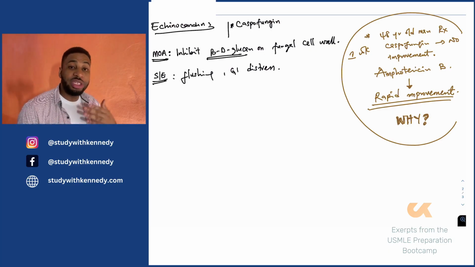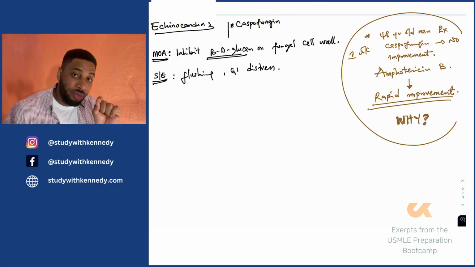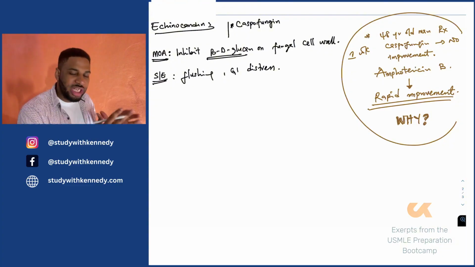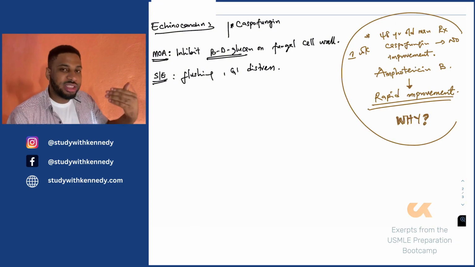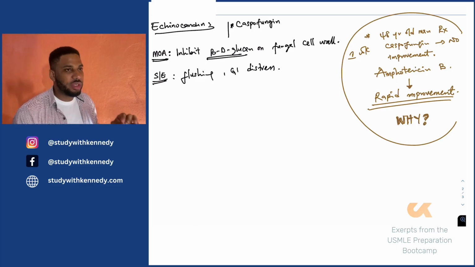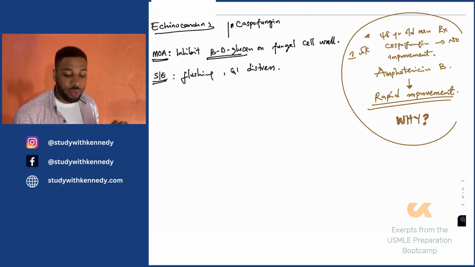But remember, destroying the cell wall does not kill the organism. It is destroying the cell membrane that is the best way to kill any organism, literally any living organism. So because caspofungin destroyed the cell wall for this 1 week period, amphotericin B had easy access to the cell membrane, and that was why this patient improved rapidly.